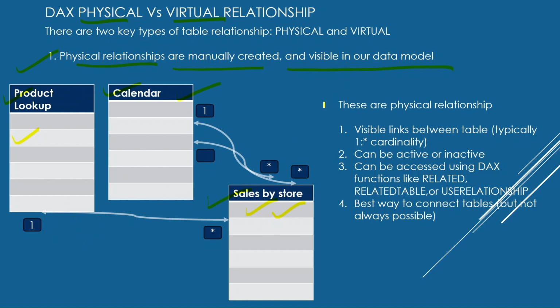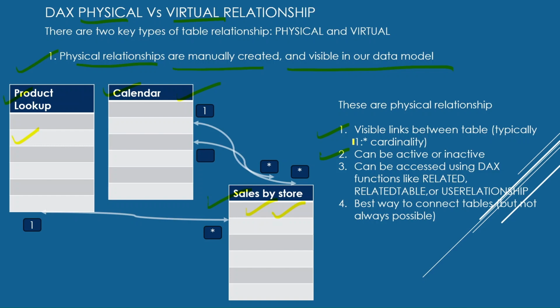Let's talk some more about the physical relationship. It is a physical, visible link between tables, typically with one to many cardinality. Whenever we create the physical relationship between tables, we also define the cardinality, and it is visible: one to many, many to one, or many to many. Relationships can be active or inactive.